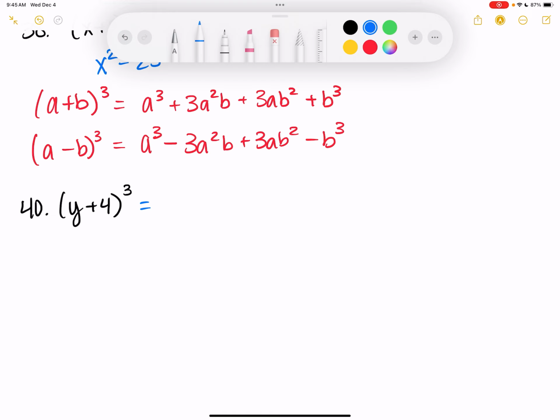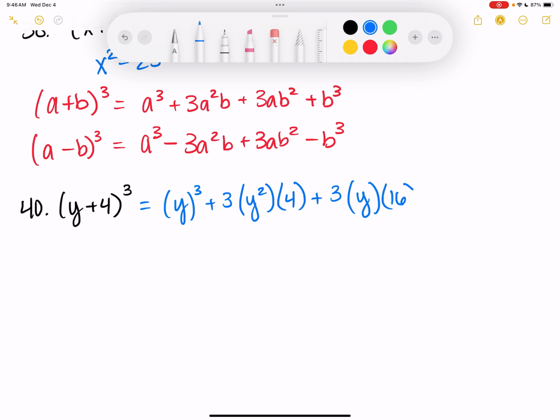So, the first thing would be y cubed plus 3 times y squared times b, which is 4, plus 3 times y times b squared, which is 4 squared, so that's 16. Actually, hold on. Let me write it this way as 4 squared so that we can see it. And then plus 4 cubed.